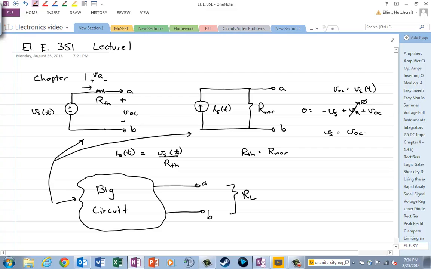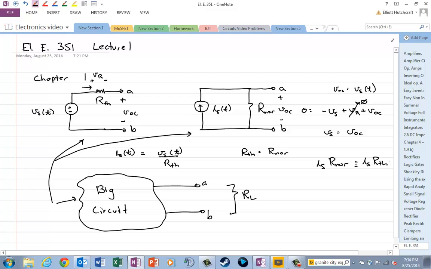Also notice that we can get VOC from here too. If we have this open circuited right there, well, that V open circuit is IS times R Norton, which is the same as IS times R Thevenin. Well, what's IS?